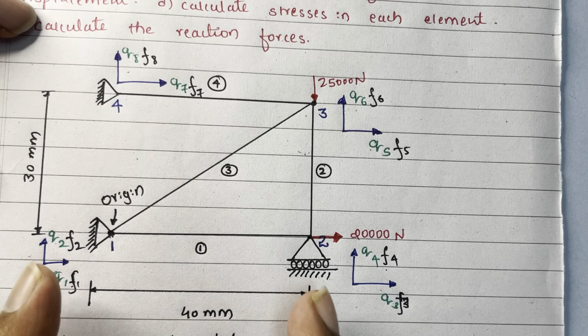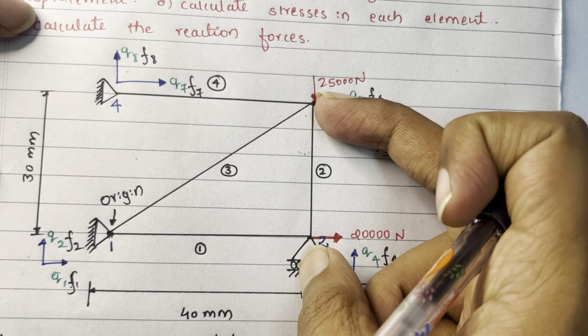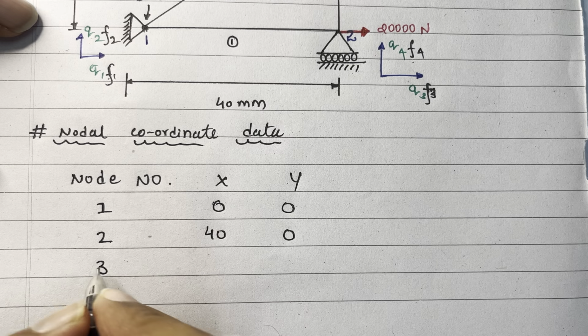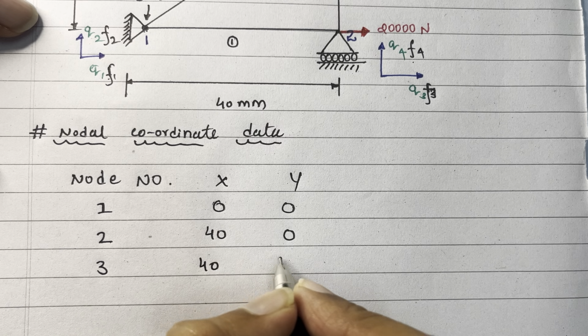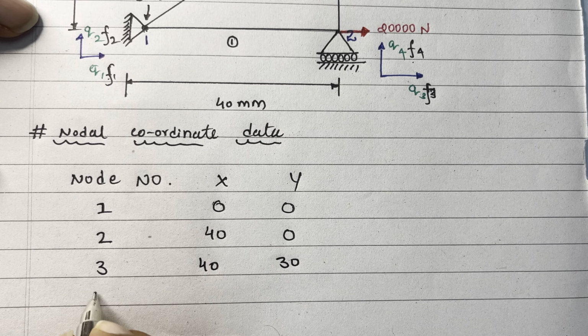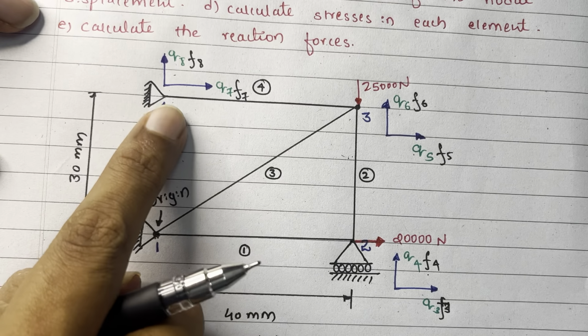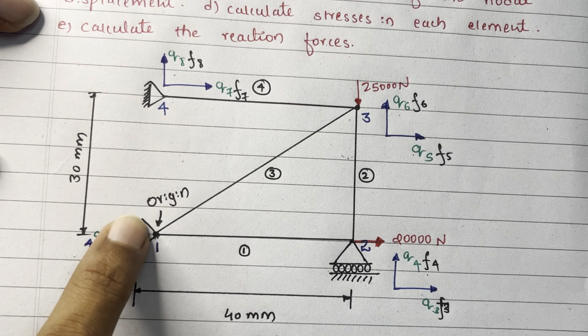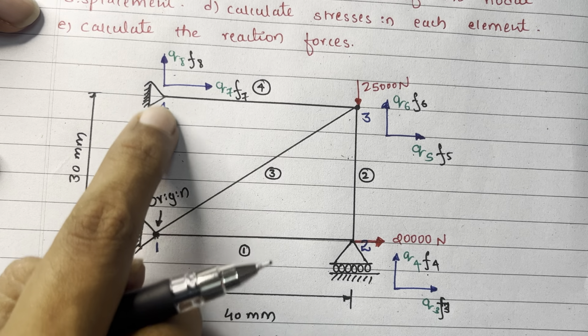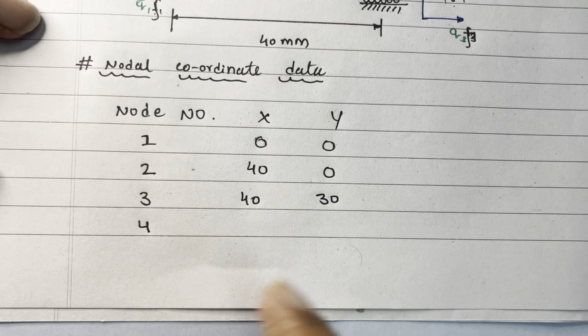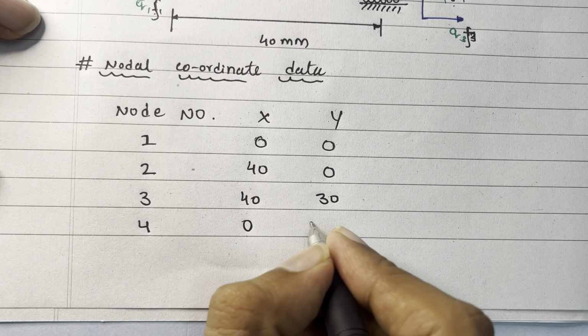X distance is 40 and y distance is 30 from the origin. So I will write here for node 3, 40 and 30. Similarly for node 4, this is the y distance and x distance is in the same axis, so x is 0. So I will write 0 and 30.